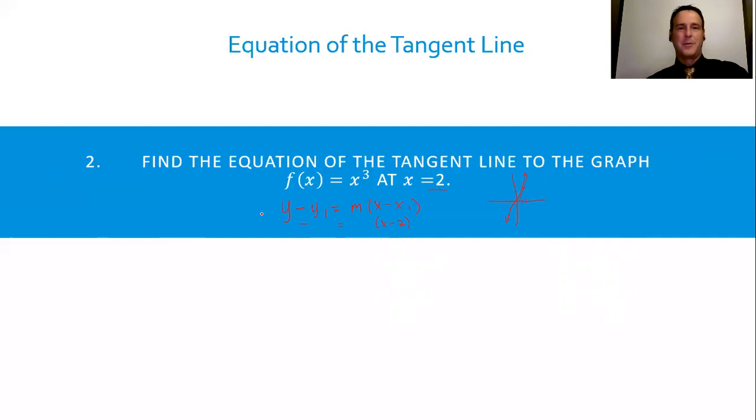I should be able to know what y1 is too. And sometimes people look at that and say, I don't see a y1 written. And the way we find that is just by plugging 2 in for this f of x, meaning you're going to plug it into the x where the f of x is. So basically I have f of 2 is equal to 2 cubed, and that is 8. So that goes here.